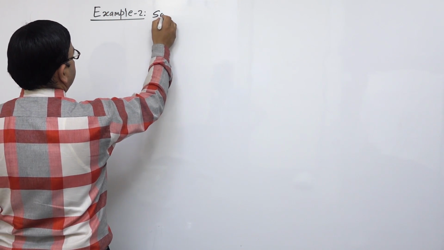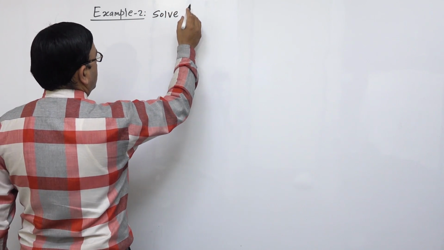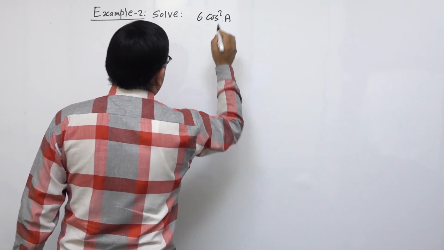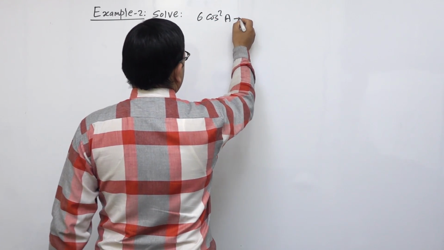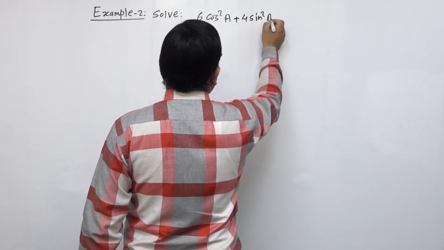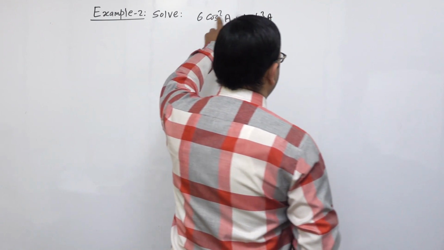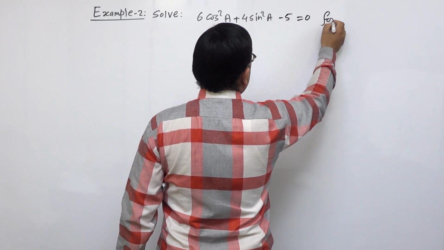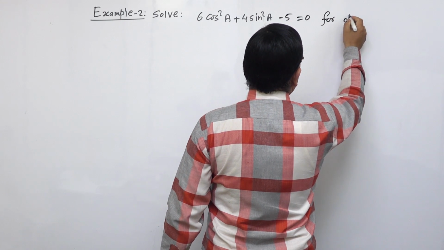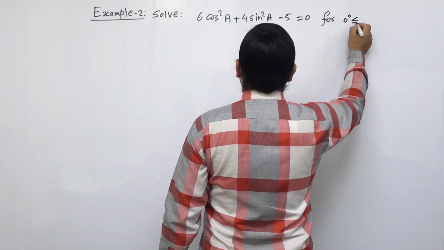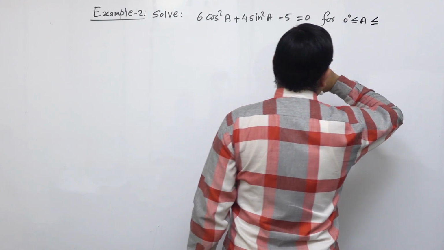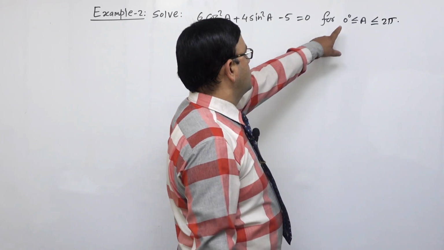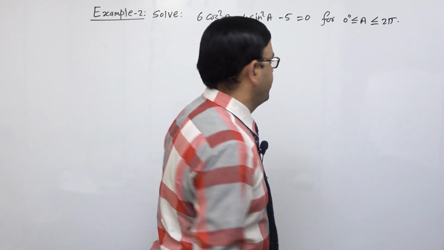Solve 6 cos square a plus 4 sin square a minus 5 is equal to 0 for 0 degree less than or equal to a less than or equal to 2 pi, or we can say a is greater than or equal to 0 degree and less than or equal to 2 pi.